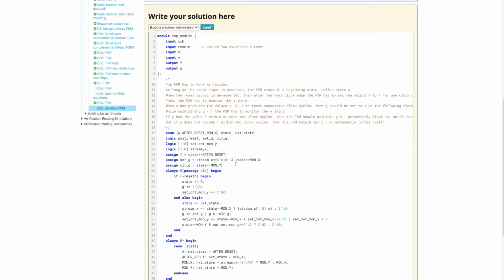So if I'm at monitor Y as my state, and then I've made it to, so I start at 0 and then inclusive 1 would be 2 cycles.